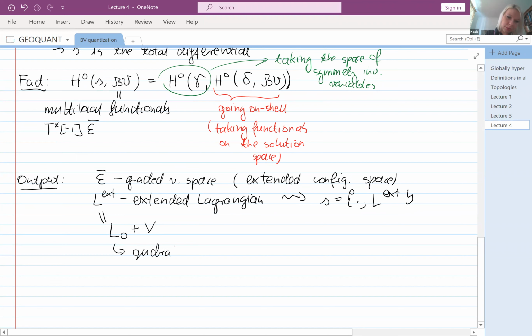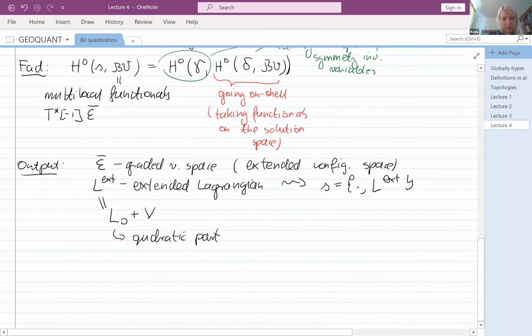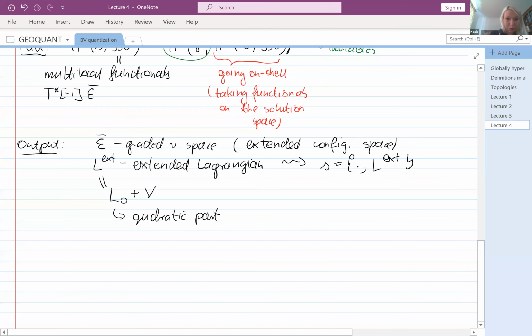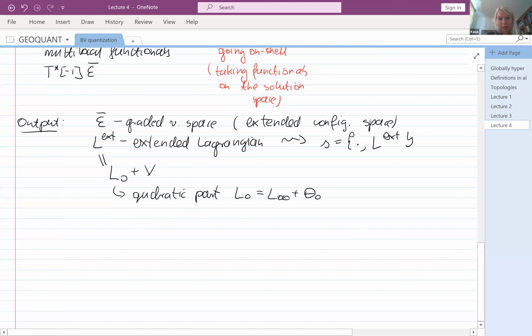And then this quadratic part, we can also expand in antifield number, typically into two terms, but let's say that this is no antifields, and this is the rest.